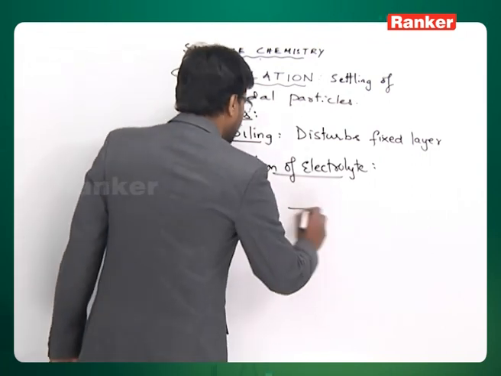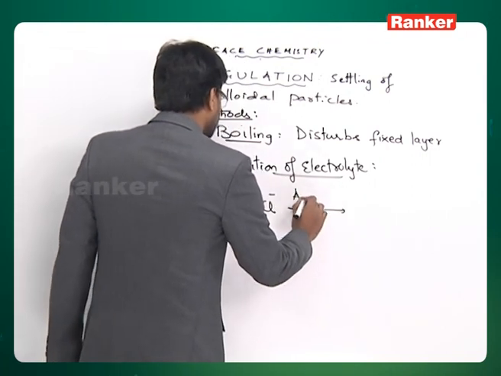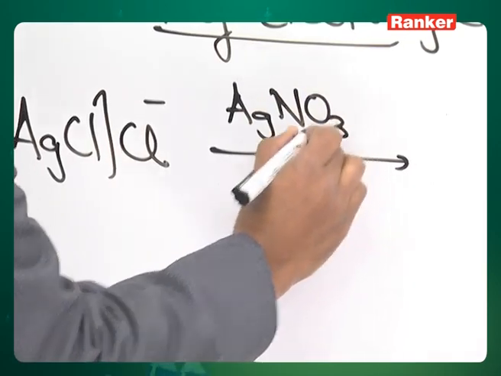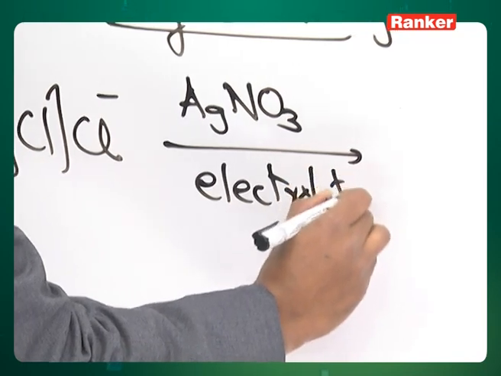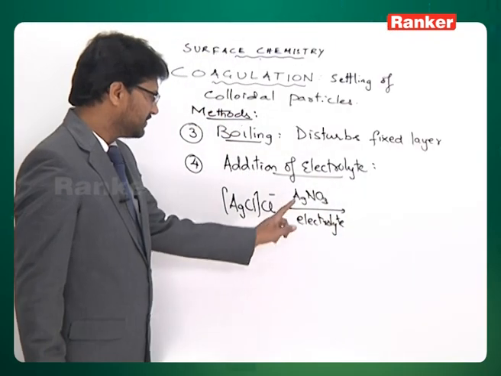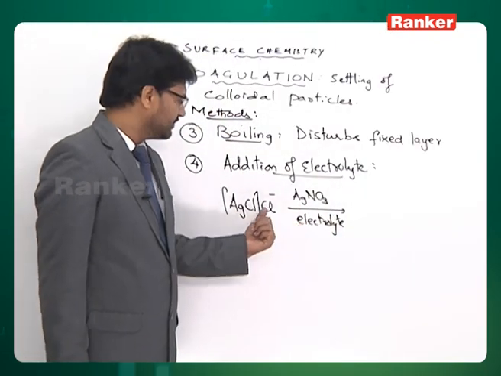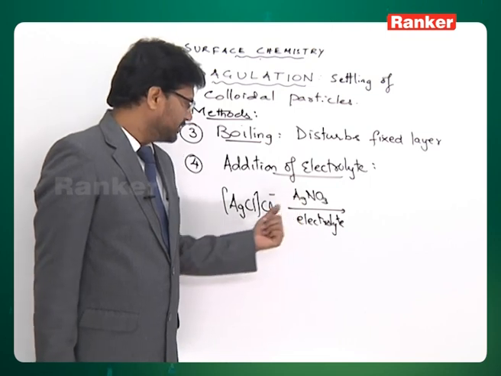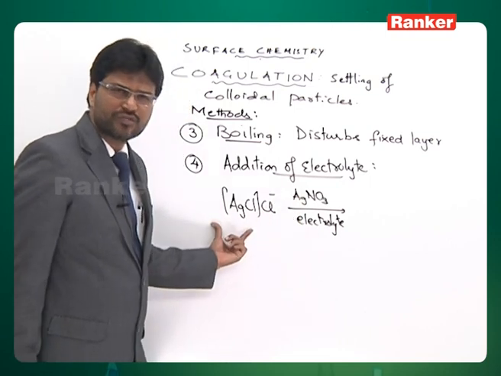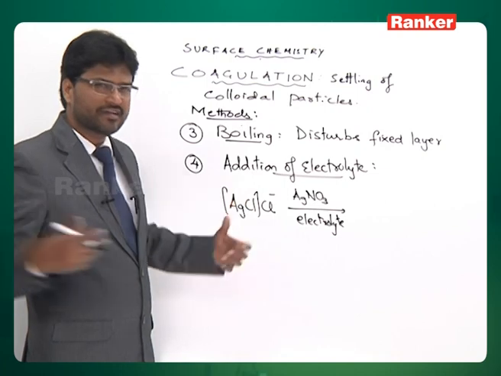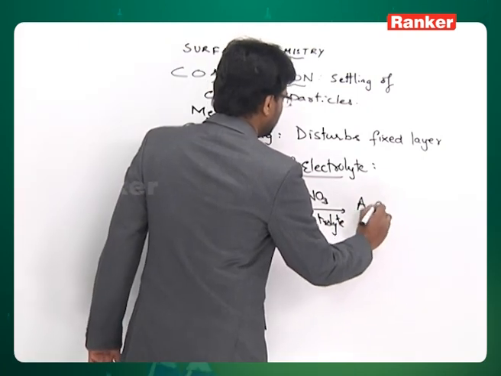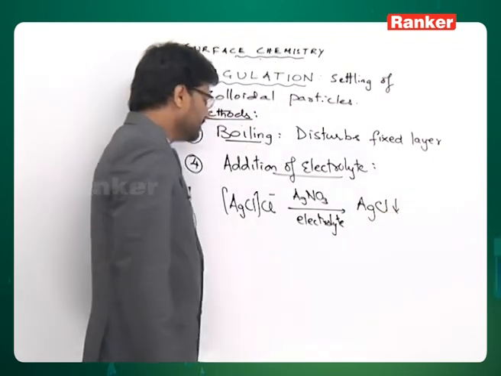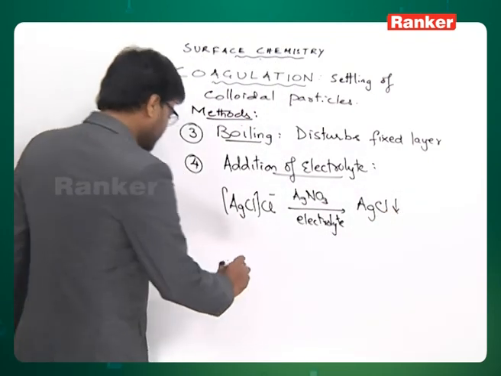Now if I add a small amount of AgNO3, this is the electrolyte I am adding, I need it in a very small amount, then what happens is this Ag plus will pick up this Cl minus. When Ag plus picks up Cl minus, this particle now will lose charge and they aggregate to form a precipitate of AgCl. So that is addition of electrolyte.